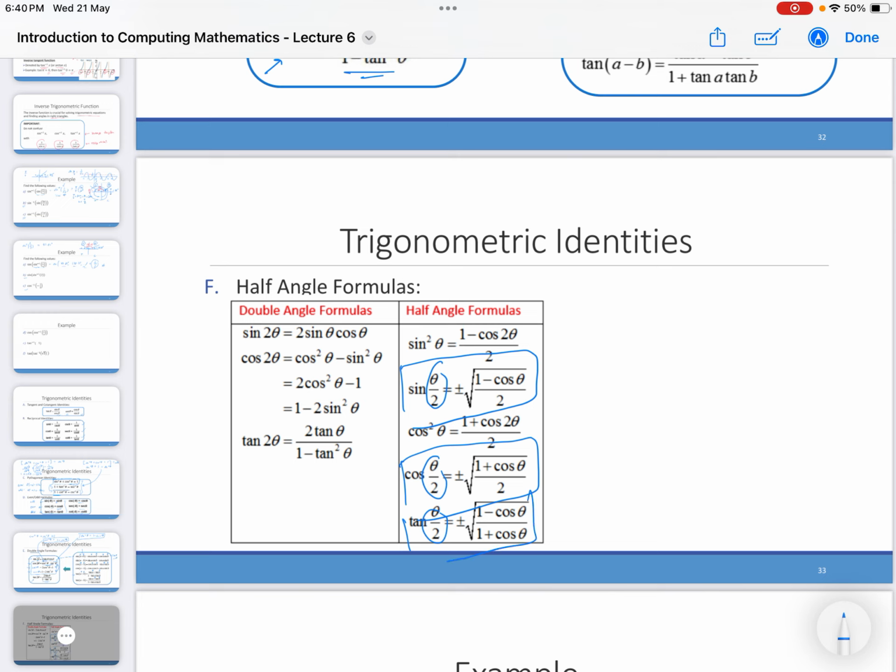We derive these from the double angle formula. So we derive sin squared theta equals 1 minus cos 2 theta over 2 from this one.